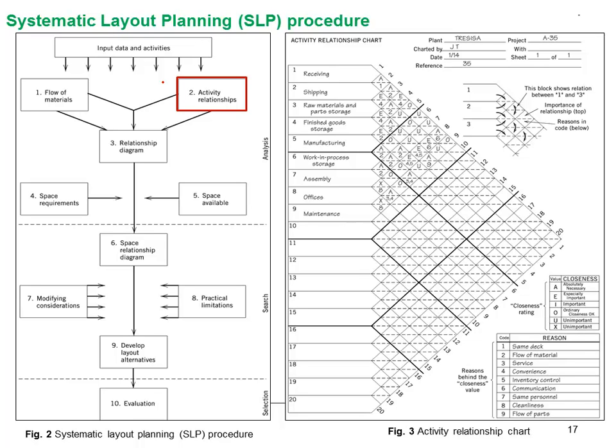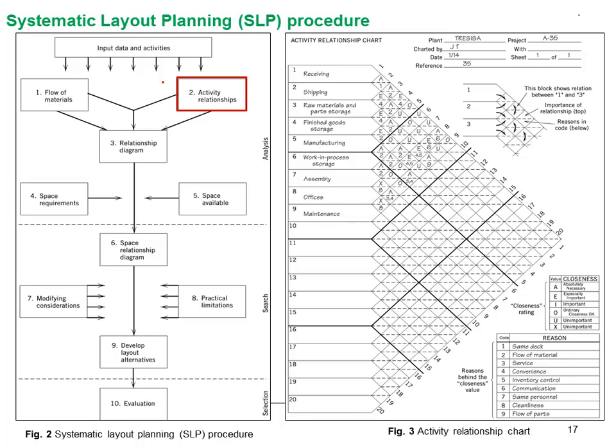So I'm showing you here the activity relationship chart one more time. So you're going to list all the departments for your facility, and then you're going to start describing those relationships using this diagram. The from-to chart is the chart that we developed in our quiz last time.